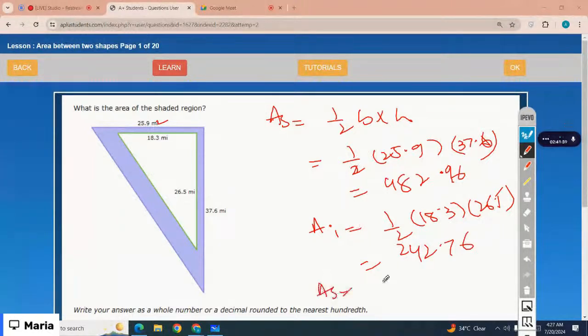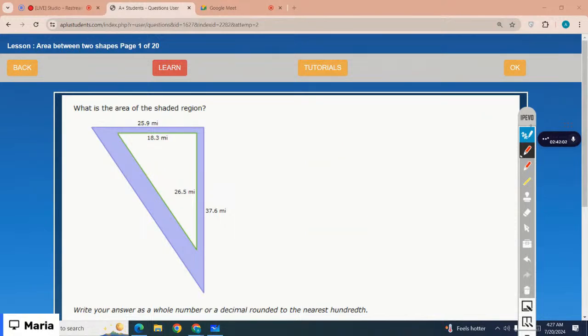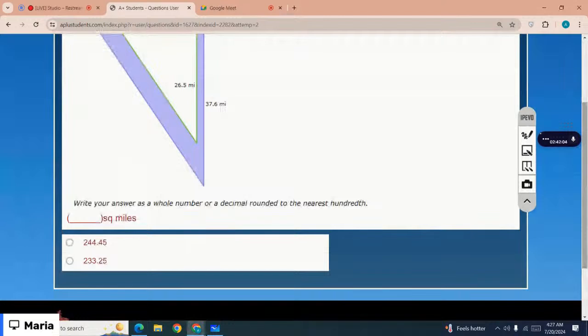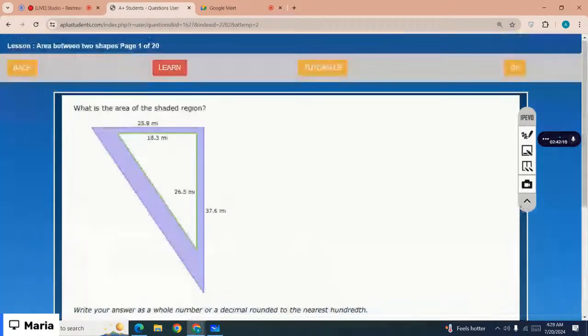You need to subtract the inner triangle from the outer. 486.92 minus 242.76. The correct option is 244.45. Option number 1 is the correct option, right?